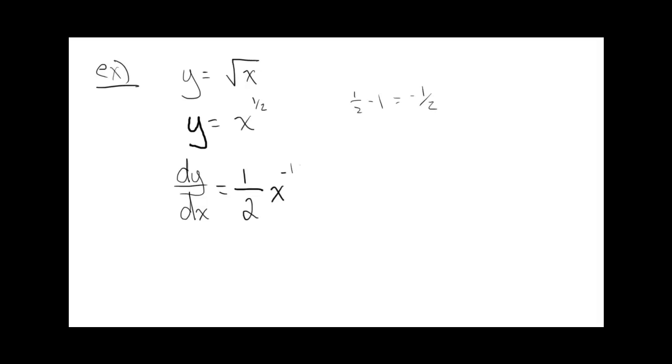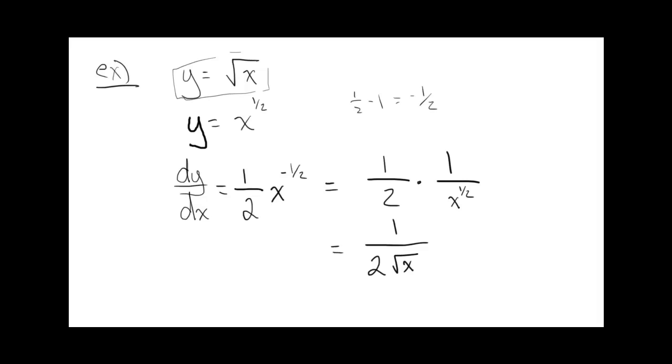And then oftentimes you'll write that as 1 over 2 times, so negative a half means it's in the denominator, x to the half, which is really just root x. So the derivative of square root x is equal to 1 over 2 square root x.